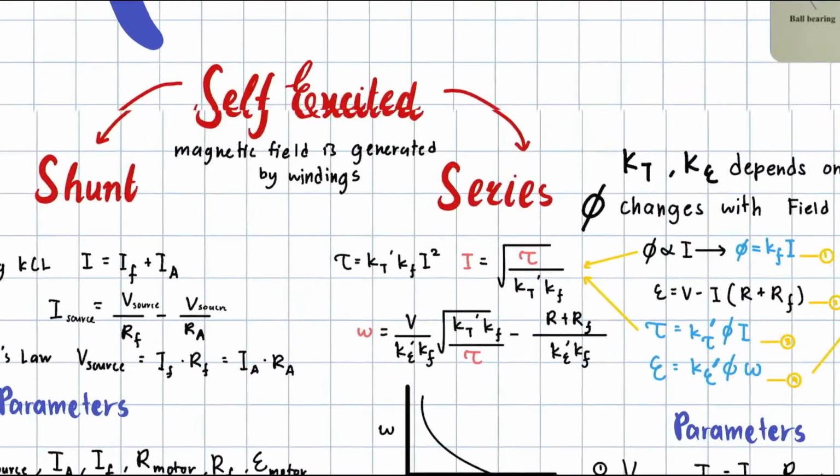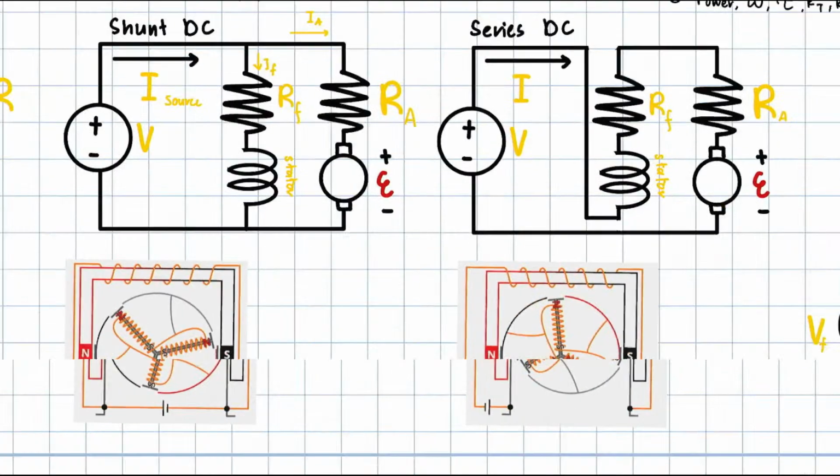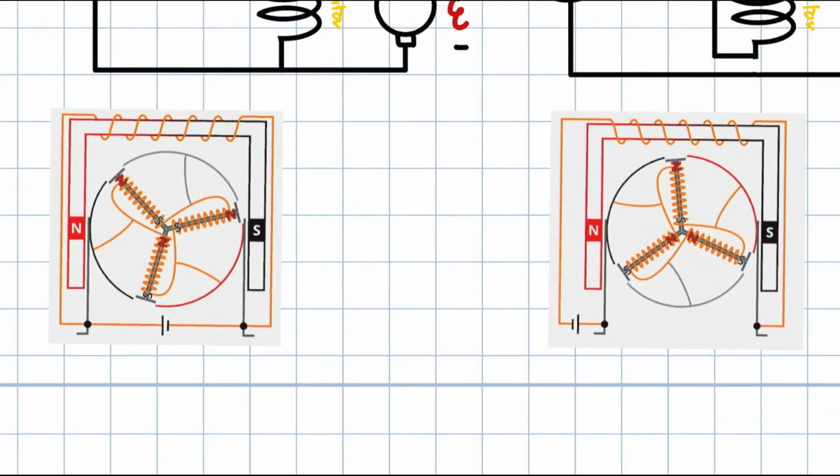Okay, so a self-excited motor has a magnetic field that is generated by windings. So over here we have two different windings, let me put this closer to each other.